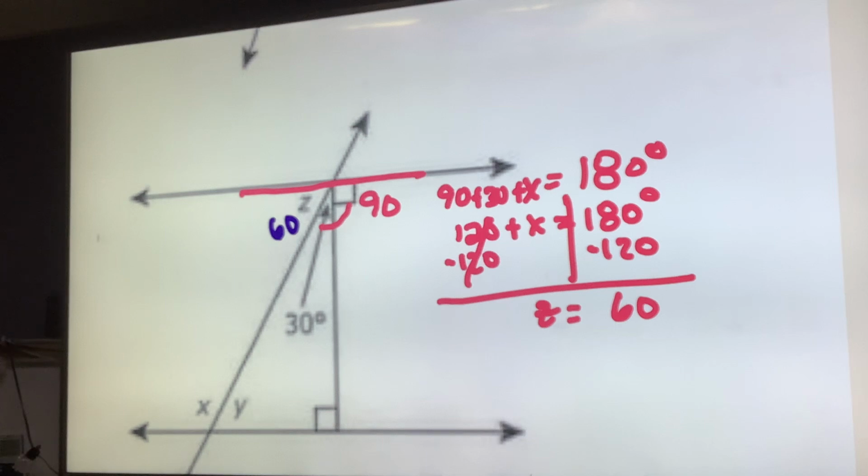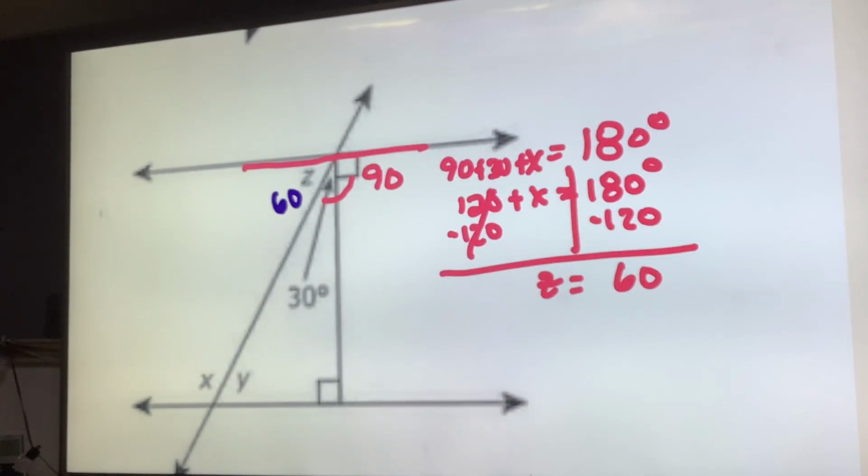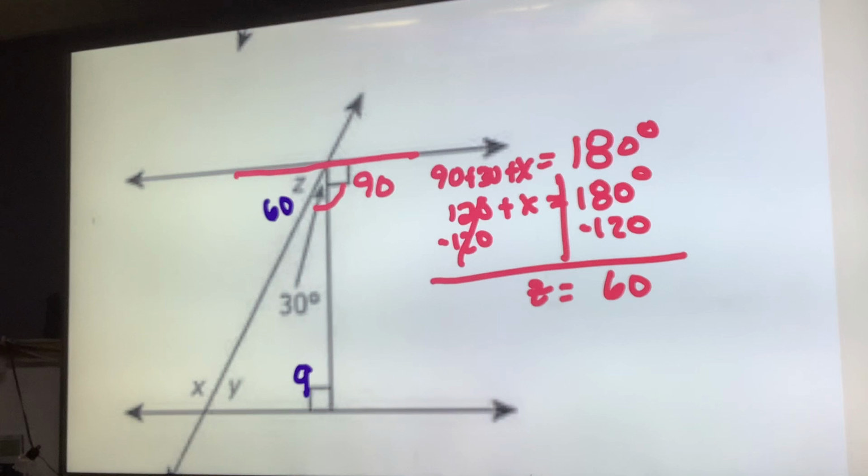Okay? If you remember back that the measure of the angles of a triangle also equal 180, I could say, oh, that's easy to find. Why? Because I again have 90 plus 30 plus y equals 180.